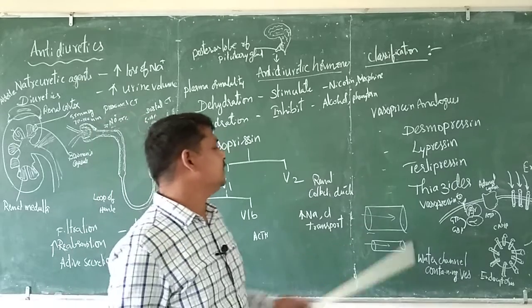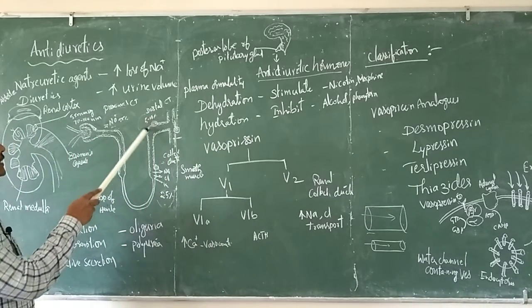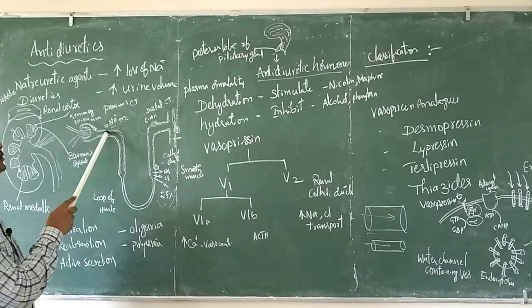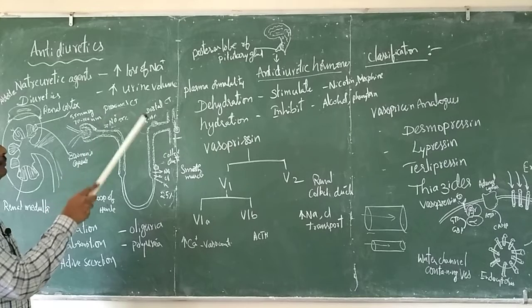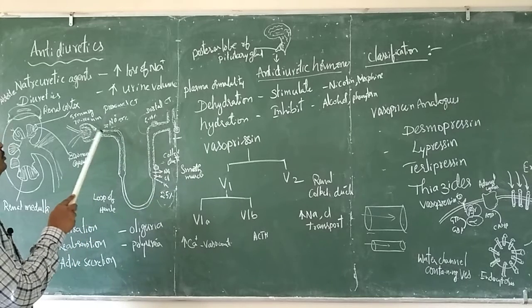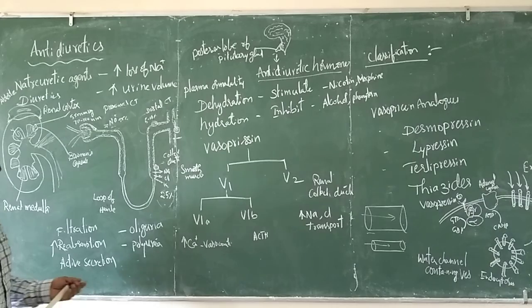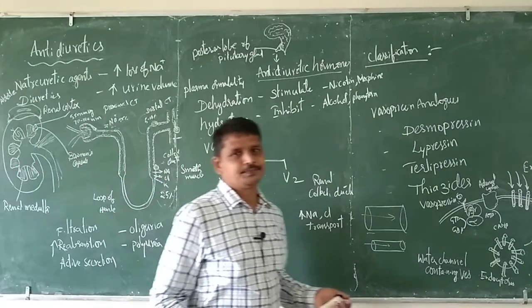Moreover, thiazides are helpful as diuretics in the distal convoluted tubules, but they also have the ability to increase absorption in the proximal convoluted tubules. Thiazides help absorb excess content from the proximal convoluted tubules. In that way they can act as antidiuretic.